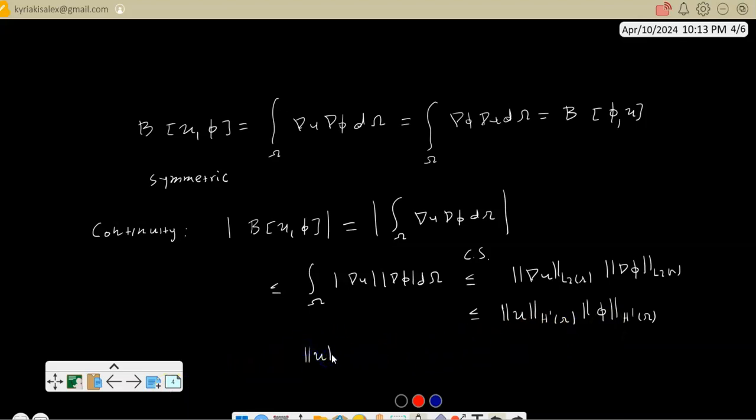The norm in H1, let's assume, the norm in H1 squared is the norm of u in L2 squared plus the norm of the gradient of u in L2 of omega squared.